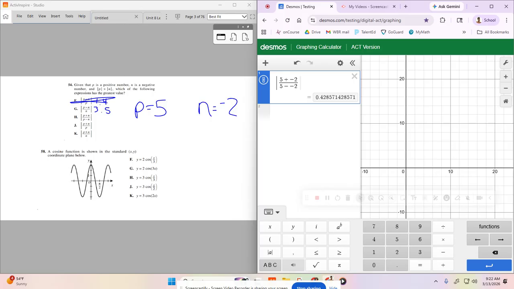That is definitely smaller, not doing that one. P plus N, which is 5 plus -2, over P, which is 5. That gives me 0.6. Nope. What about if I put this over N, -2? I get 1.5. So my correct answer has to be G.